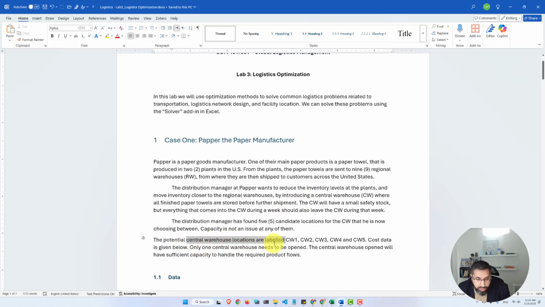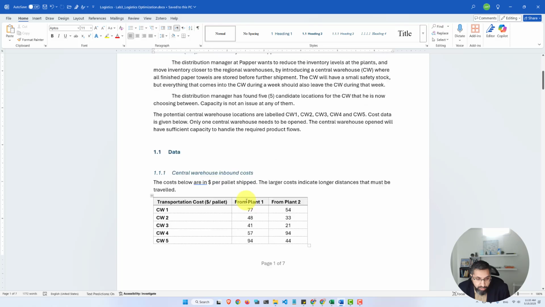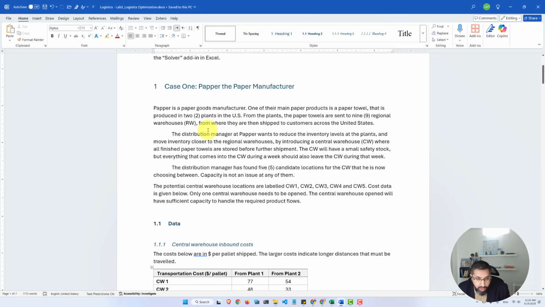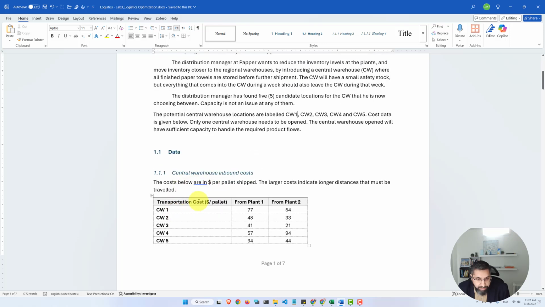So potential locations for a central warehouse are 1 to 5. These locations have been identified, and this data has already been collected. Now in real life, you'll have to go out and collect this data, but for this case, we've already been given this data. So for example, if you want to ship something from plant 1 to central warehouse location 1, if you set it up at that location, it'll cost you $77 per pallet to make that shipment, to ship 1 pallet.